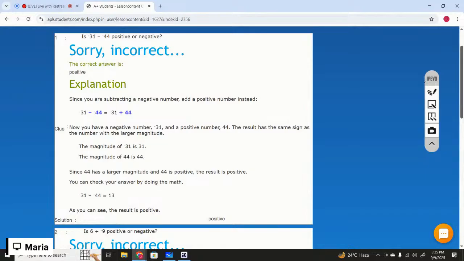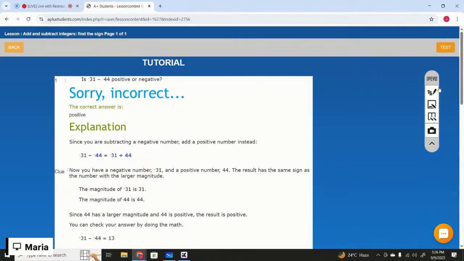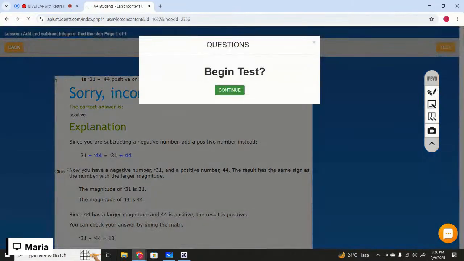Subtracting a negative number is the same as adding. Negative 31 plus 44. 44 minus 31 is 13. The correct option is 13. Let's just start with the test questions.